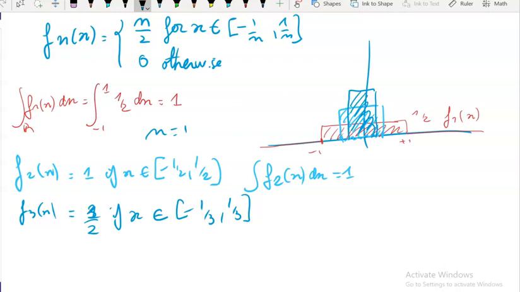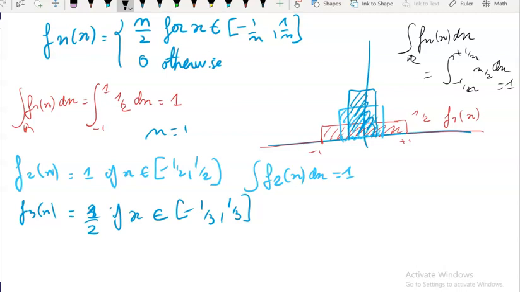So what we obtain is that whatever the n, the integral of fn of x dx on R, you can sum it up as being the integral between minus 1 over n and plus 1 over n of the constant value n over 2, and that's going to be 1. So actually, this sequence of functions has constant integral.